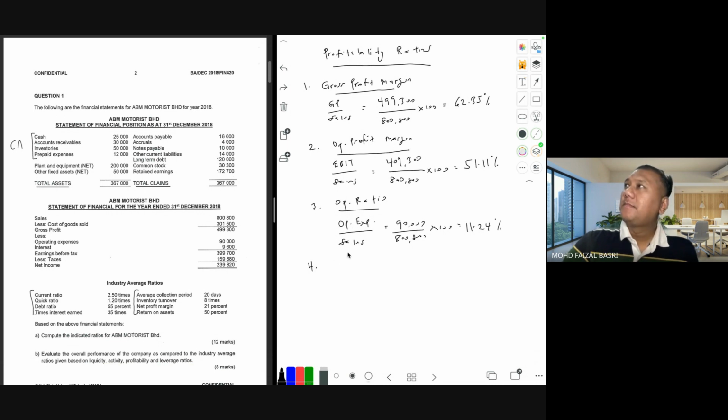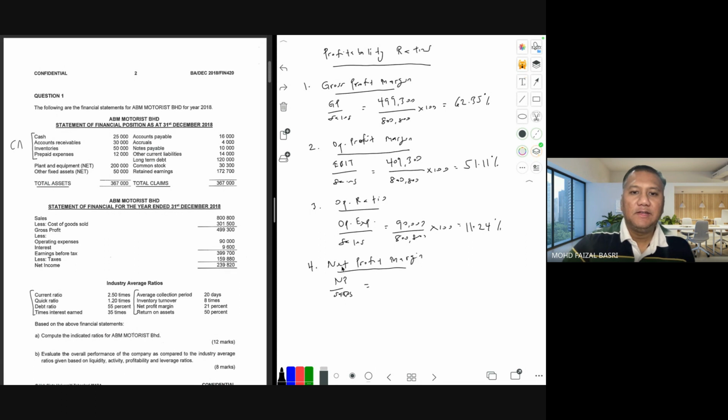Number 4. Apa tadi ya? Net profit margin. Okay, we go back to margin. Net profit margin. So the formula is net profit divided by sales. So net profit is net income. Remember tadi ada letakkan the equivalent tu, net profit, net income, earning after tax is all referring to the same thing.